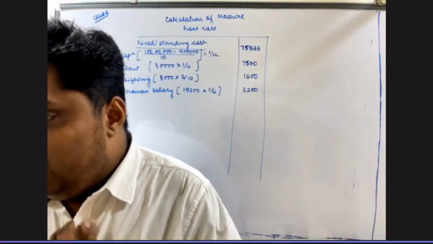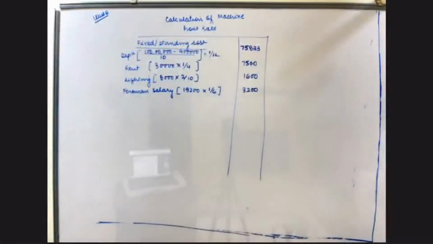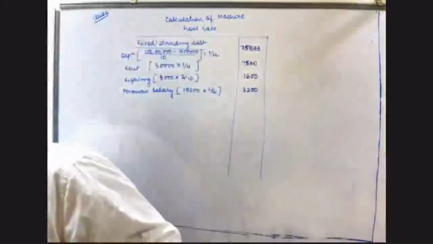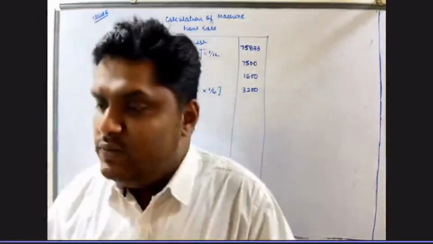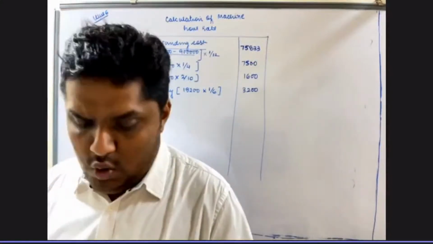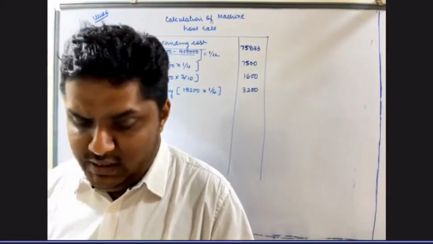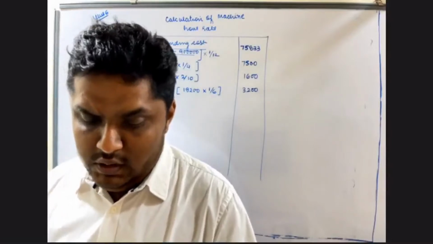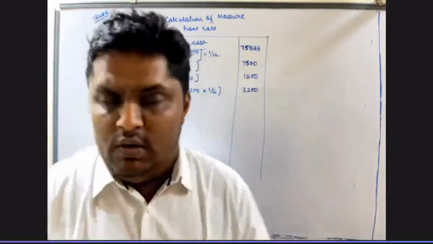Thereafter, the insurance, 1 second, guys. Assuming insurance is 1% per annum, so 1 crore into 1%, that is 1 lakh, divided by 12. So this will be 8,333 as the insurance cost.